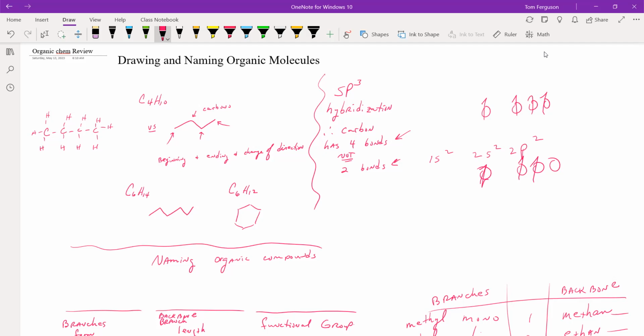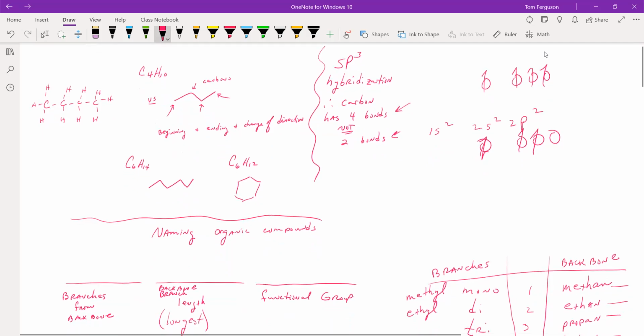Okay, now, by the way, there's also sp2 and sp hybridization as well. This is a double bond, single bond, or a triple bond.